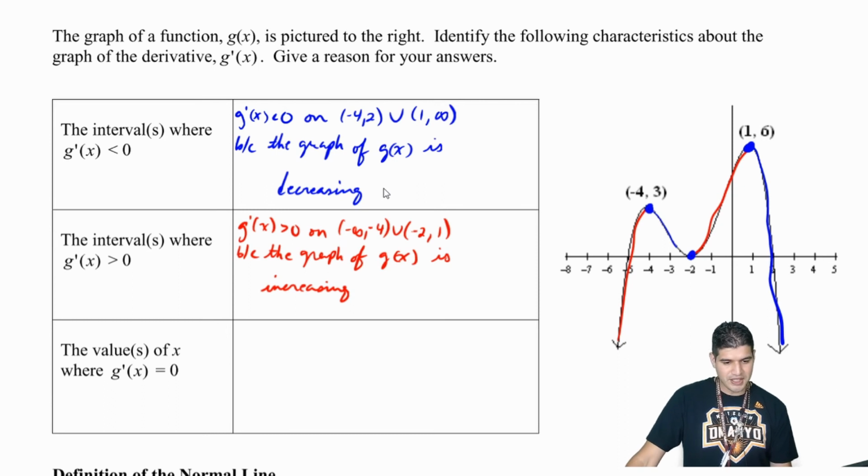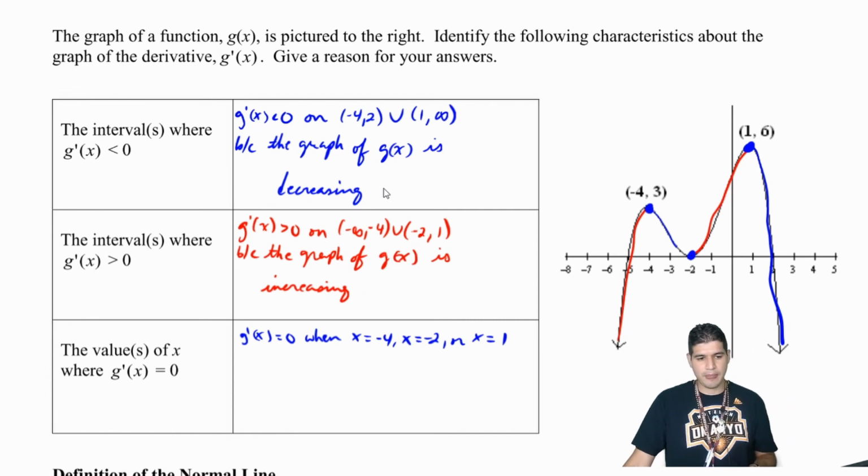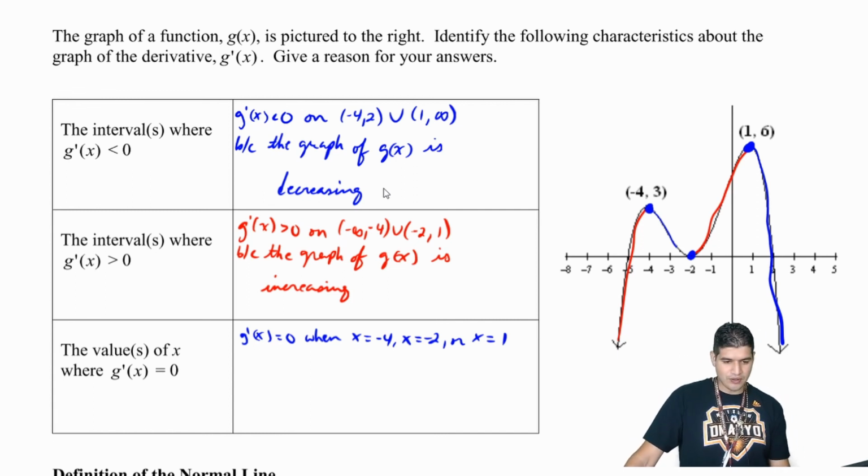So we're going to say g prime of x equals 0 when x equals -4, x equals -2, or x equals 1. At all of those points, g prime of x is equal to 0. Well, what we're going to say now is because g of x has a relative maximum or a relative minimum.